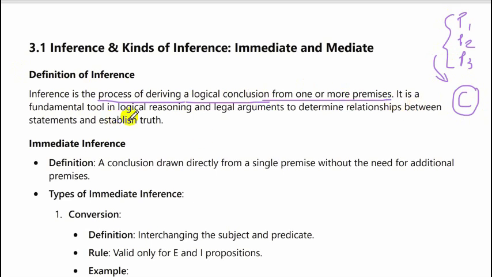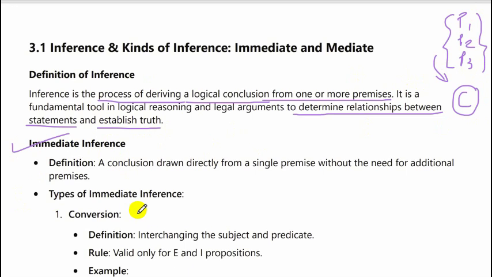It is a fundamental tool in logical reasoning and legal arguments to determine relationships between statements and established truth. So the more important point is we use the process of inference to determine the relationship between the statements, that is, the premises, and thereafter establish the truth of the conclusion or of the premises themselves also.